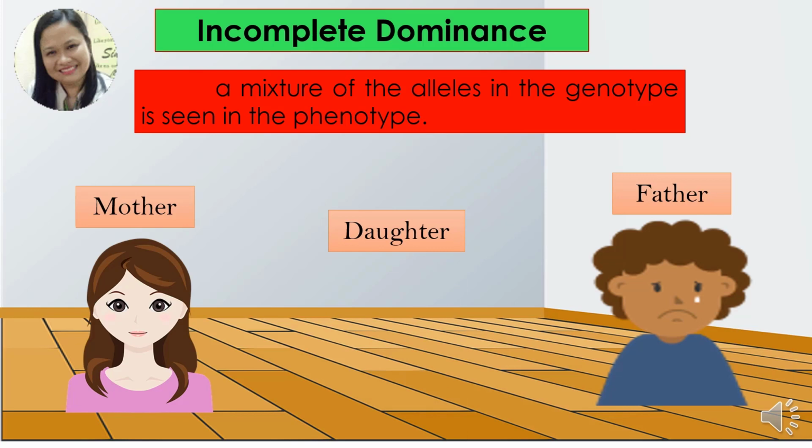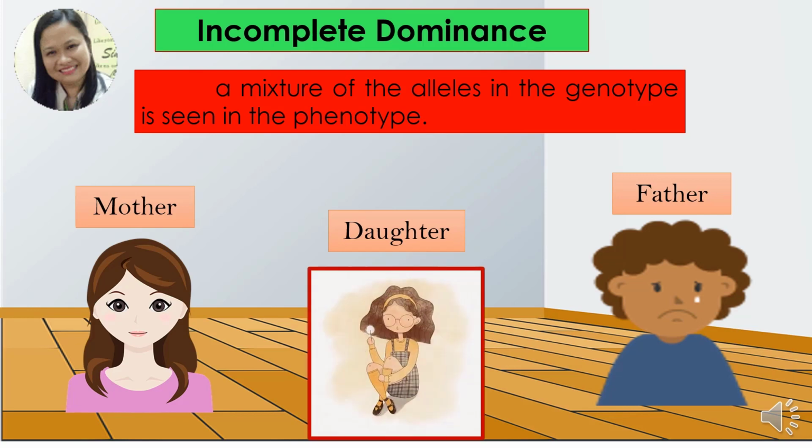Her daughter has a possibility to have wavy hair and fair skin. Since incomplete dominance is a mixture of the alleles, the daughter will have wavy hair and fair skin.